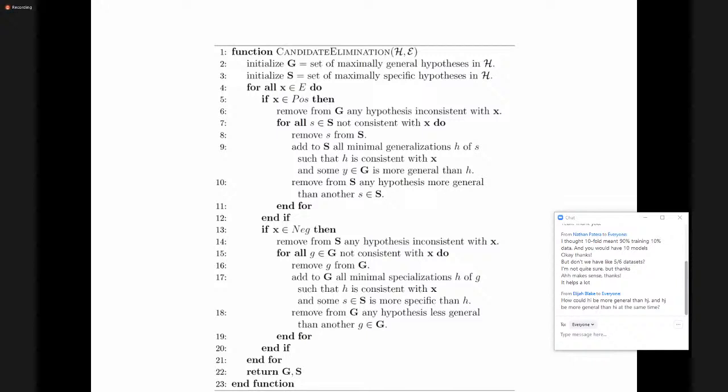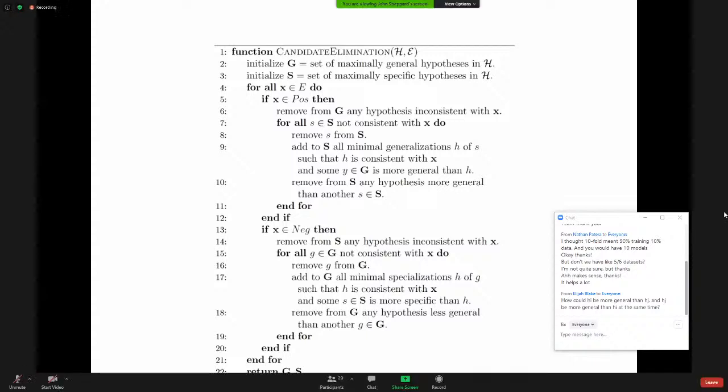All right, and the way it does that is it starts by initializing these two sets, S and G, to be maximally general and maximally specific. And notice that in lines 2 and 3, it says nothing about consistent with the data.